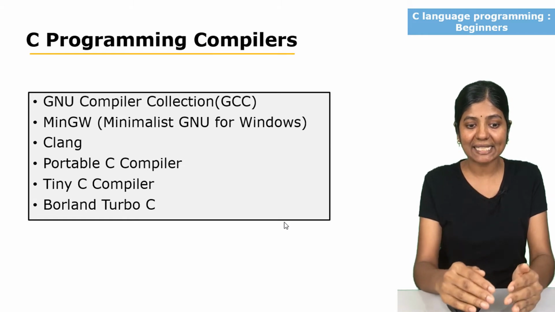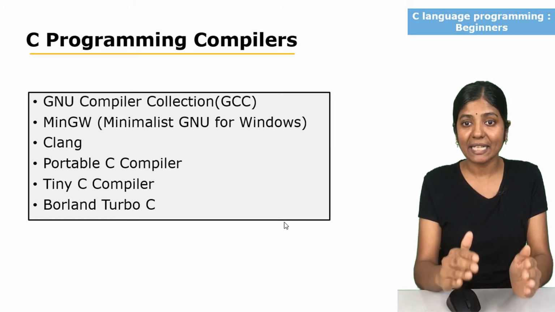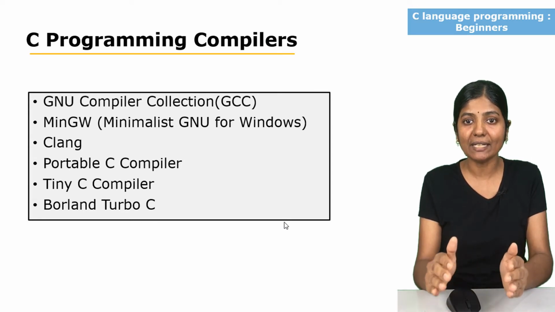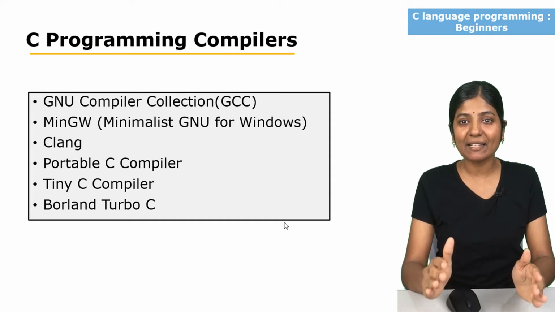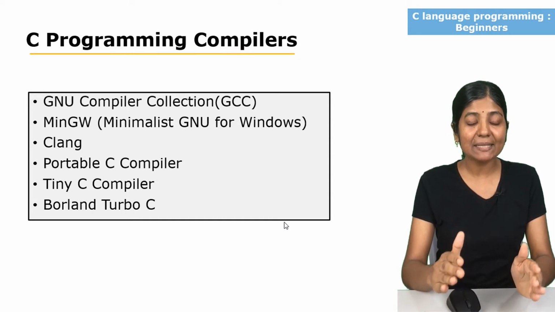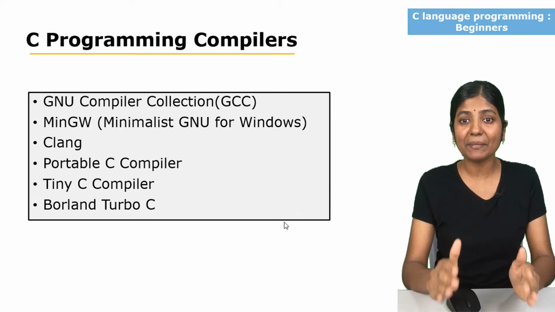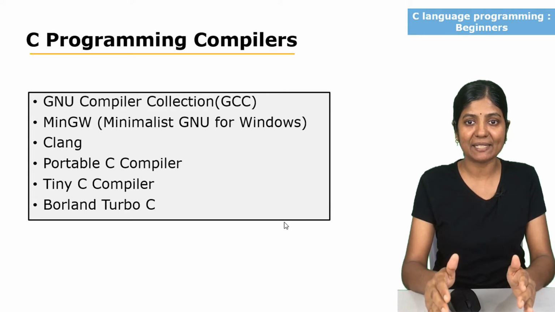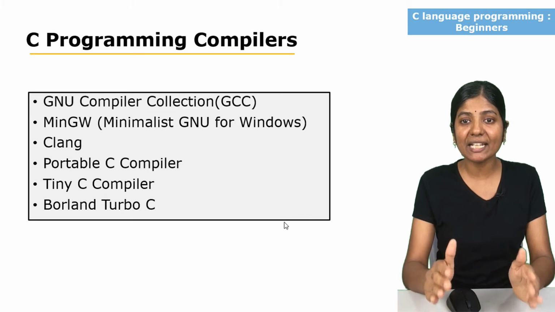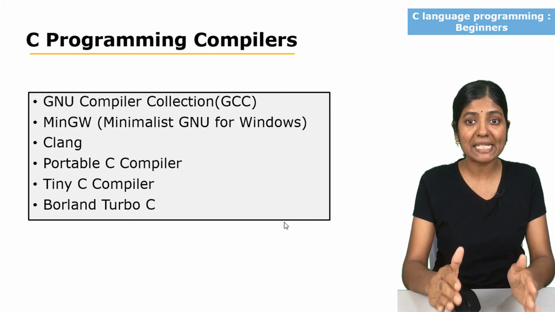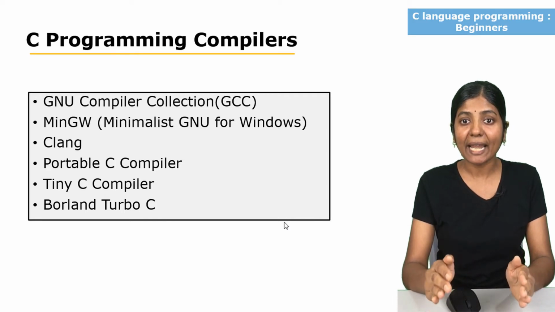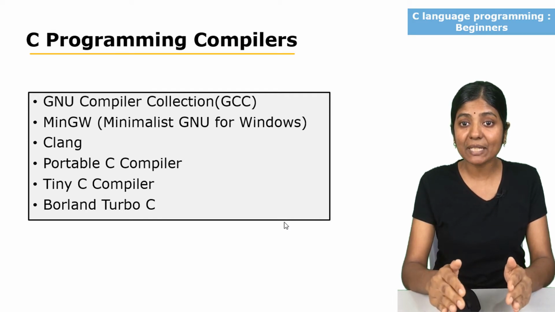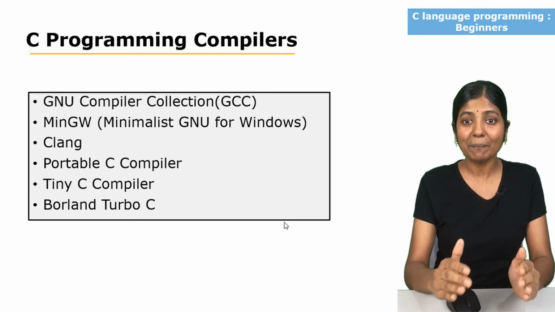Among all these, the GNU compiler, GCC, is the most popular compiler. I already installed the GCC compiler on my machine, which is MinGW, because I am running on Windows. For the installation and setup process of the MinGW compiler, I created a separate video and put the link in the description box below this video. Please check.